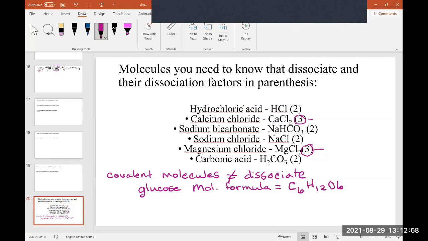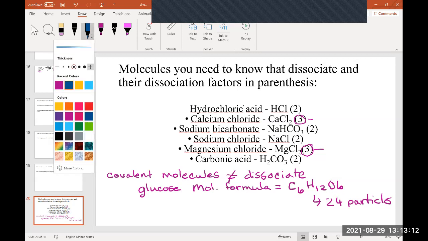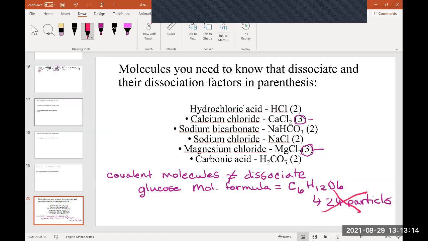You can dissolve glucose in water, but it does not break apart into 24 particles. That does not happen. It stays as one molecule. So glucose would have a dissociation factor of 1, meaning it stays as one molecule. It does not break down into smaller particles.